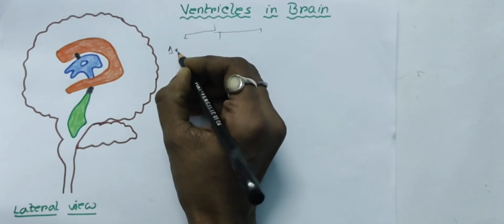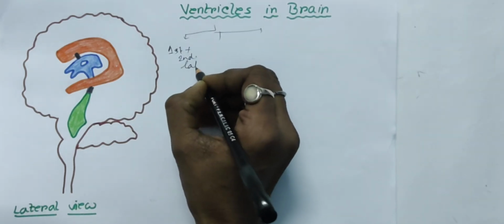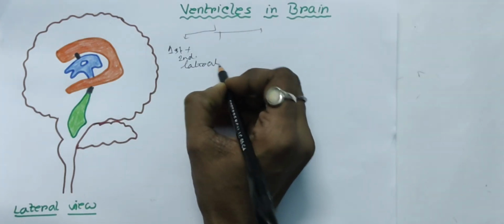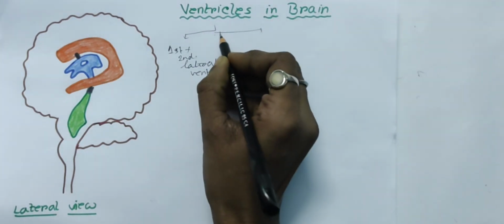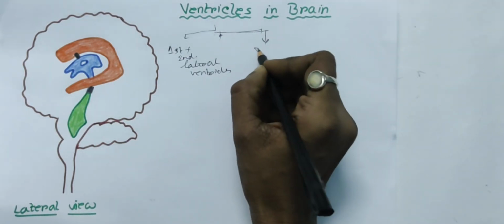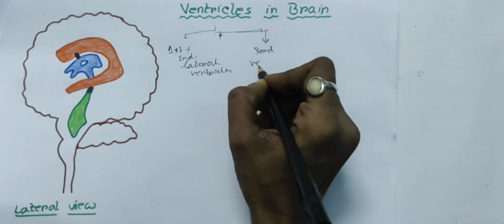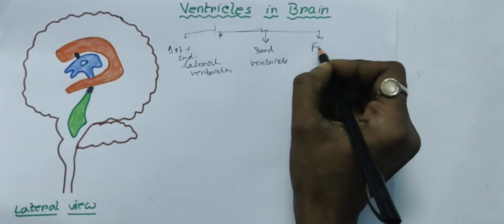First and second are the lateral ventricles. Next there is a third ventricle, and fourth ventricle.